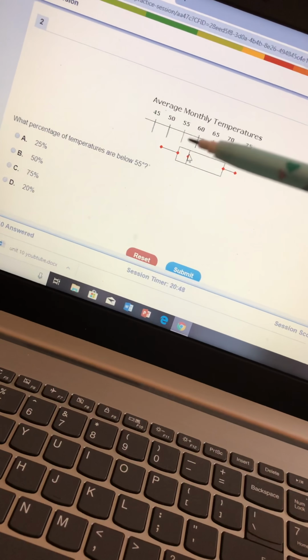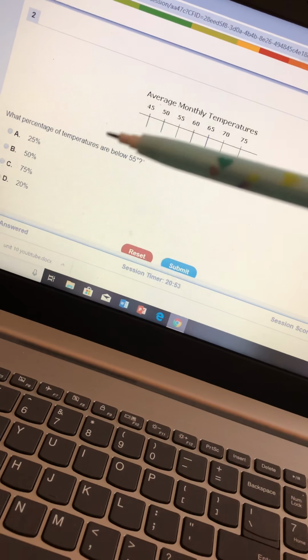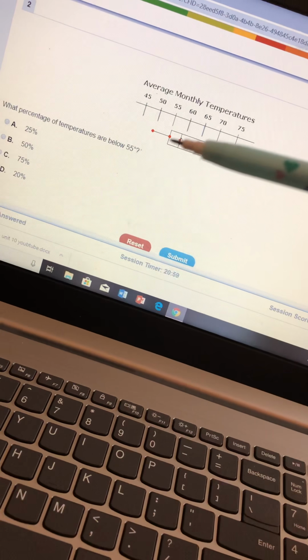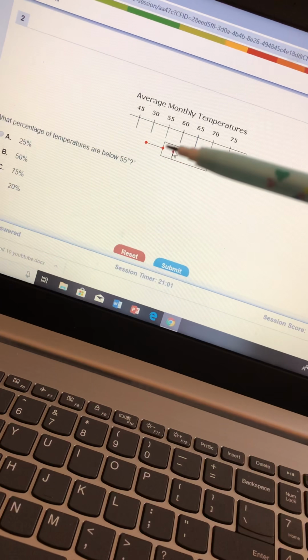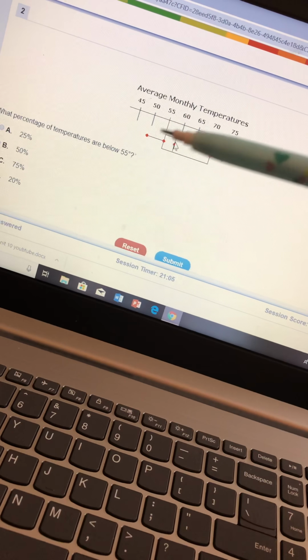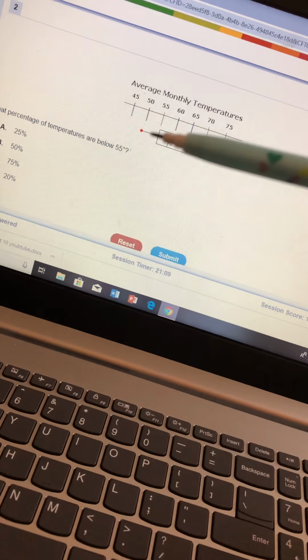So it asks, what percentage of temperatures are below 55 degrees? So here's 55. Okay. So from here to here, remember I said from the minimum to the quartile 1. Quartile 1 is the second dot.